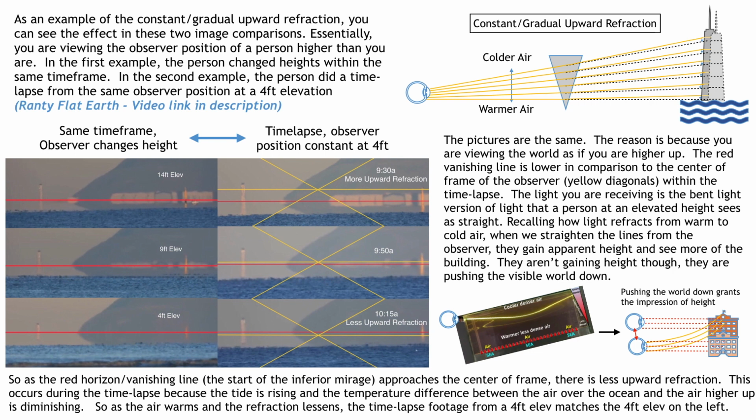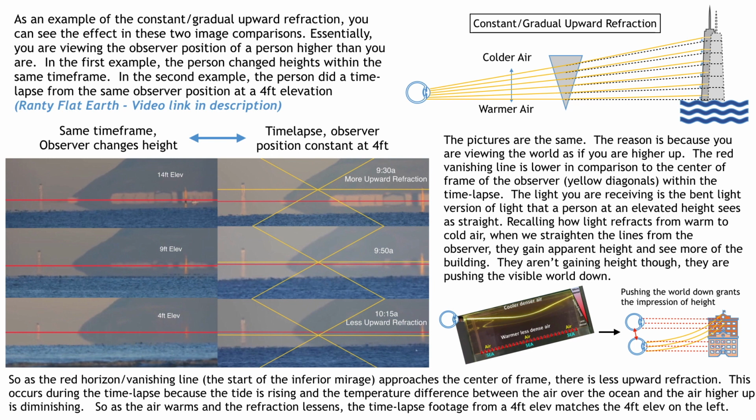So in this first example, the person changes their height within the same time frame, which is on the left there. Same time frame, observer height changes. Within only a few minutes, this person goes from a 14-foot elevation to a 9-foot to a 4-foot elevation, viewing the same object in the distance.